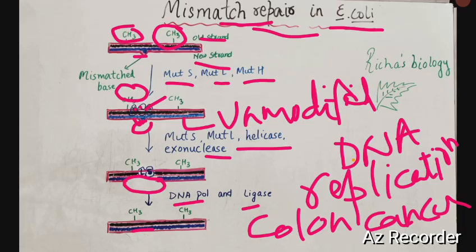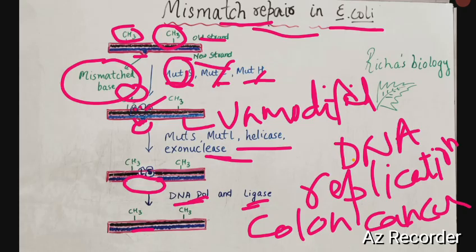So first of all, in the CSIR NET exam, two things in this you have to remember. First one is the enzymes' names: MutS, MutL, and MutH, along with exonuclease and DNA polymerase and ligase, will work, right? Who will recognize this mismatch base first? It will be recognized by MutS. Then L and then H will come. This you have to remember.